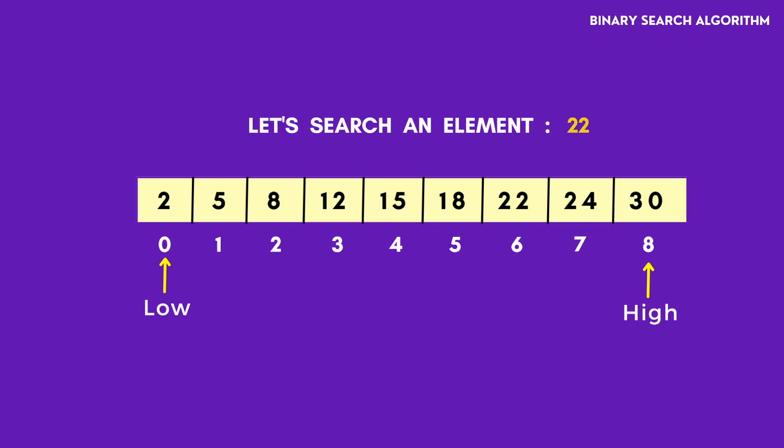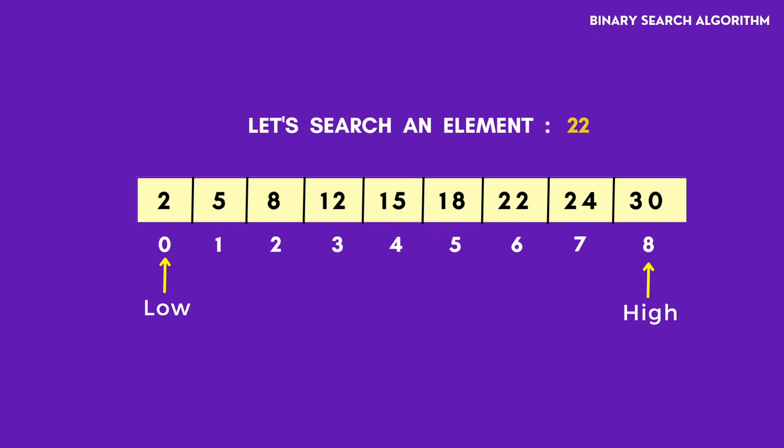Finding a particular element would be very difficult, but if it is sorted, you can directly apply the binary search algorithm. So think in a bigger way. Let's say we want to search for the element 22.